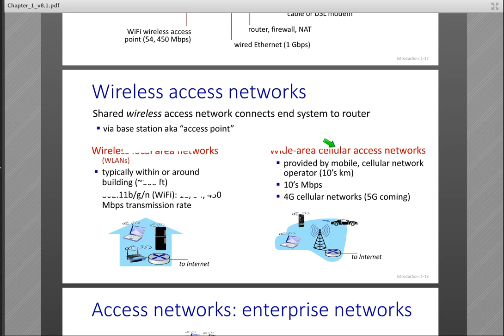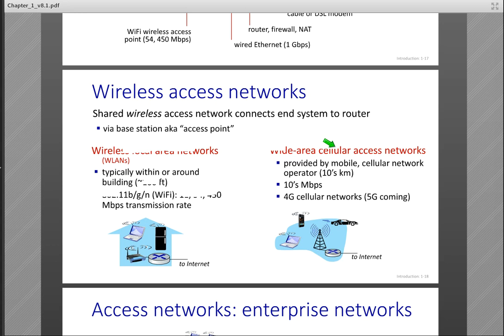For wide area wireless access, we can talk about the cellular access network, or mobile cell phone network. It has a minimum communication range of 500 meters, and its maximum communication range is between 30 and 45 kilometers, or something like that.